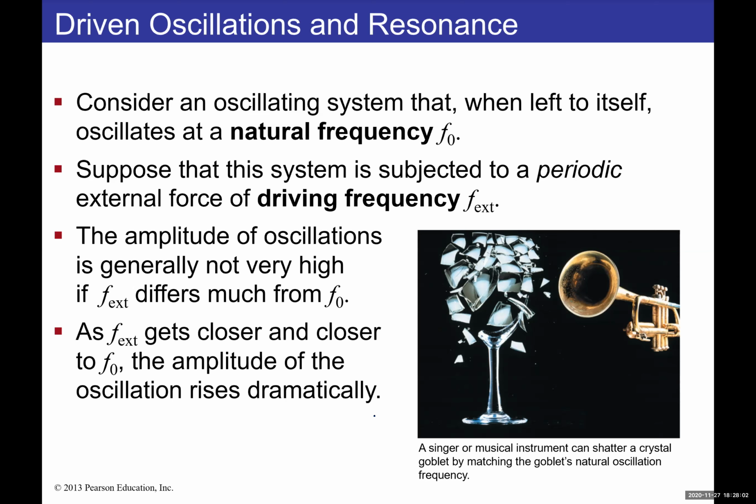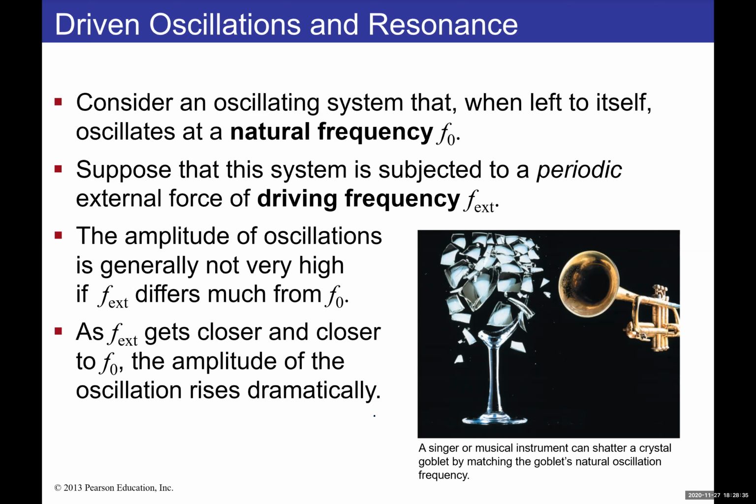The amplitude of the oscillation is generally not very high unless the external frequency matches the natural frequency. And when it happens, the reason that this crystal goblet shatters is because the molecules start oscillating with much higher amplitude than before, and the object cannot keep its shape anymore because of that forced oscillation matching the natural frequency.